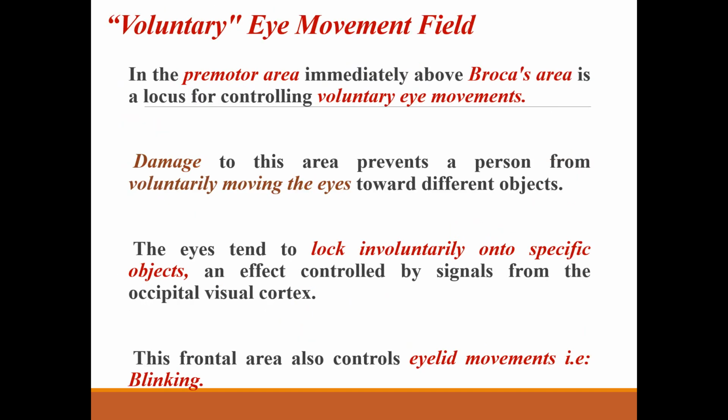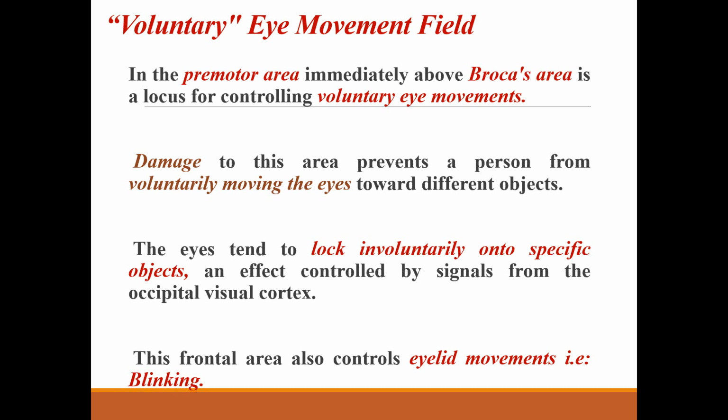Voluntary eye movement field. In the premotor area immediately above Broca's area is a locus for controlling voluntary eye movements. Damage to this area prevents a person from voluntarily moving the eyes toward different objects. The eyes tend to lock involuntarily onto specific objects, an effect controlled by signals from the occipital visual cortex.